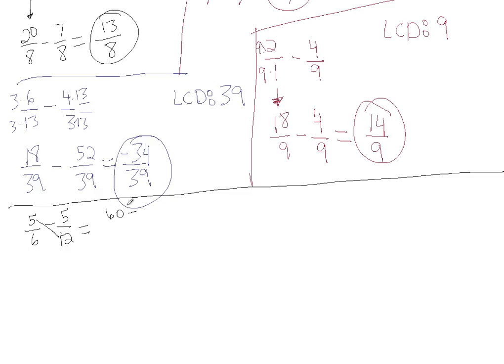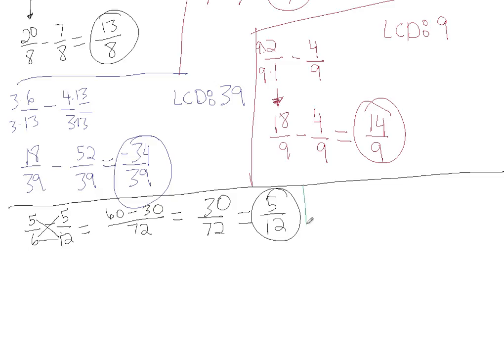We're subtracting this time. Second term is 6 times 5, which is 30. And the denominator is 6 times 12, which is 72. Our denominator is still 72 for our answer, and we're subtracting 60 minus 30, which is 30. And that'll give us 5/12 once we have fully simplified. And that's our answer.